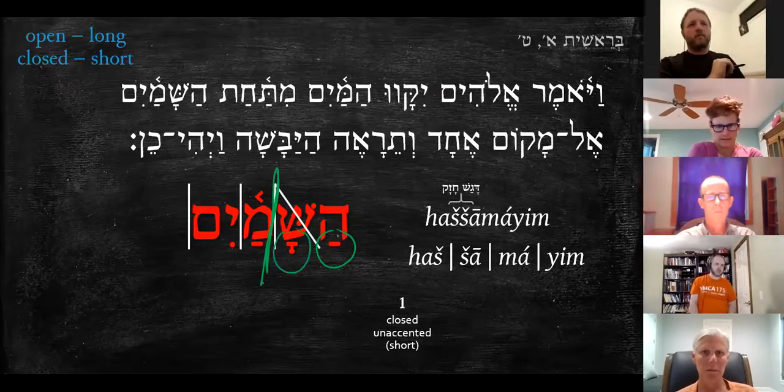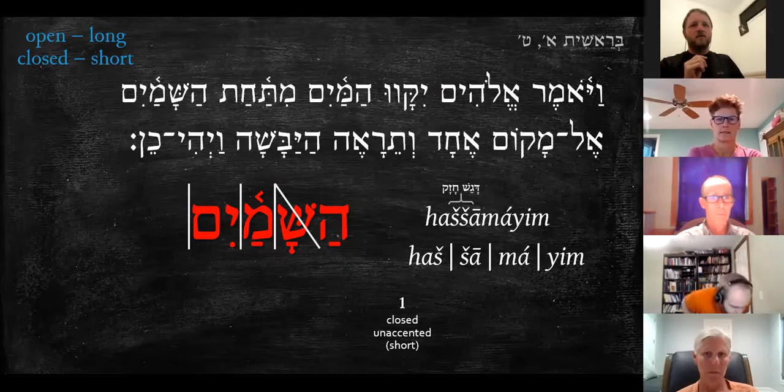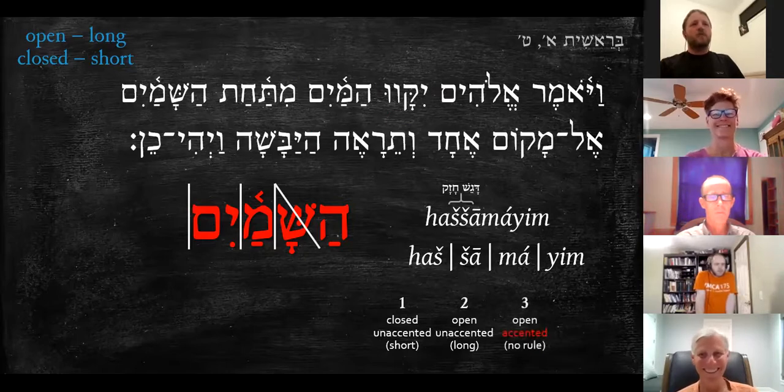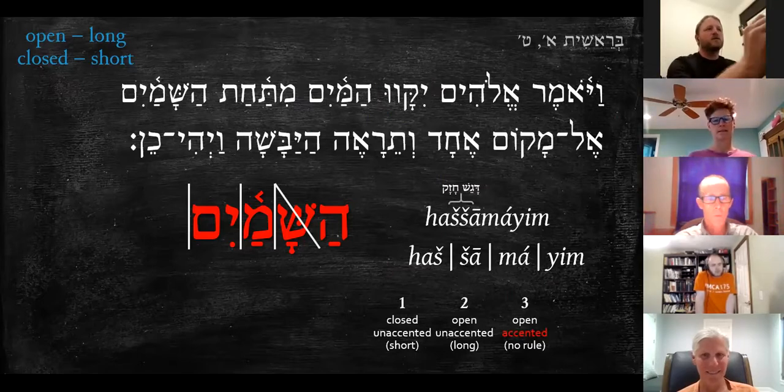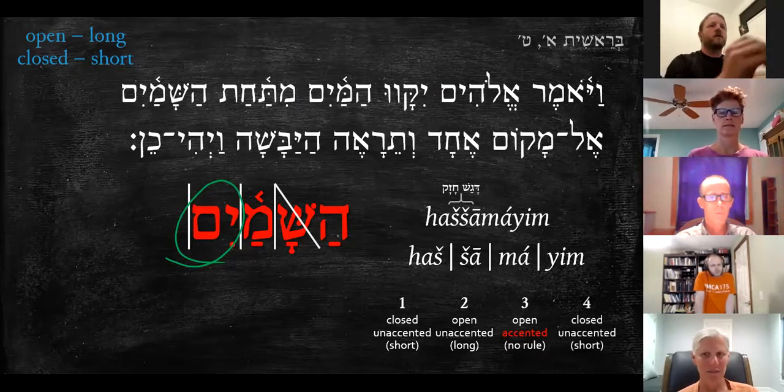The third is open, accented, and in this case we don't know, but it is short. It's short because patach is short, but there is no rule. There's nothing to demand it to be one way or the other. And then the last one is closed and short because it's unaccented.